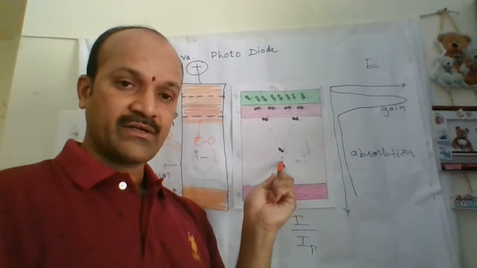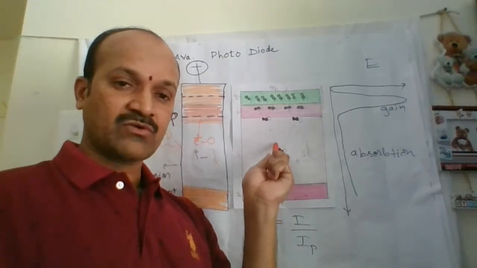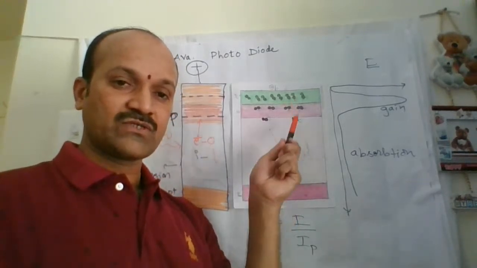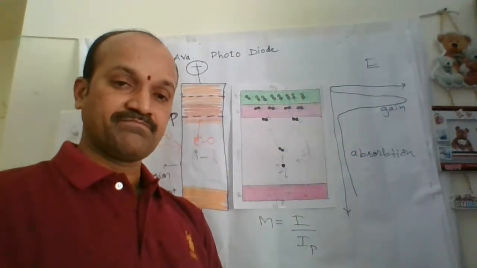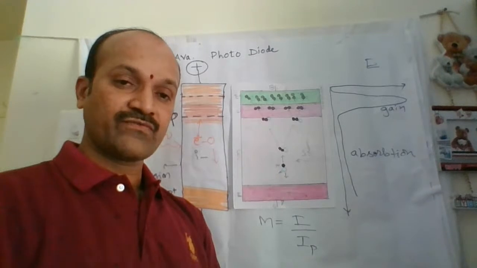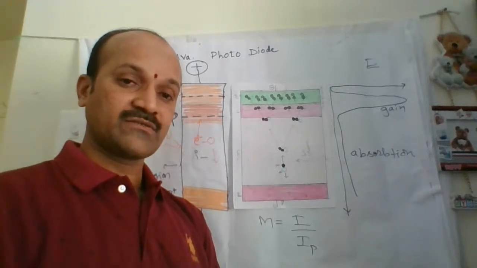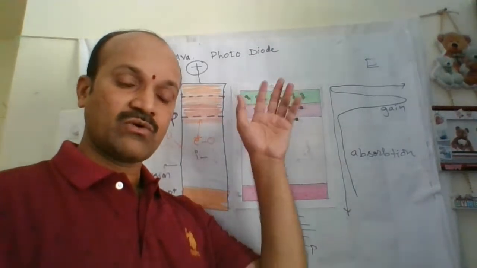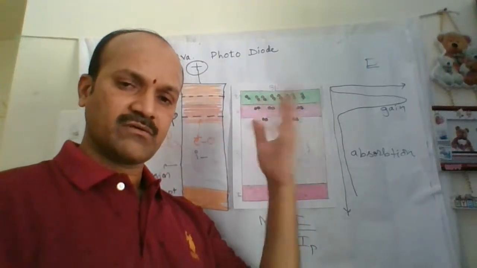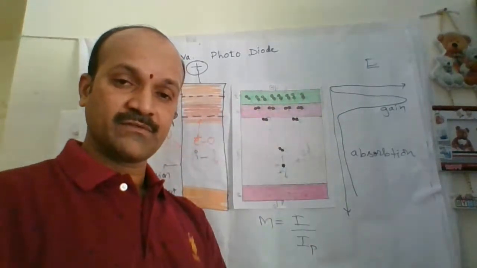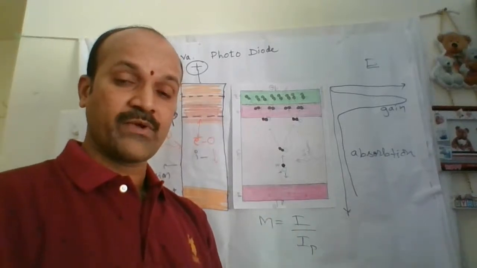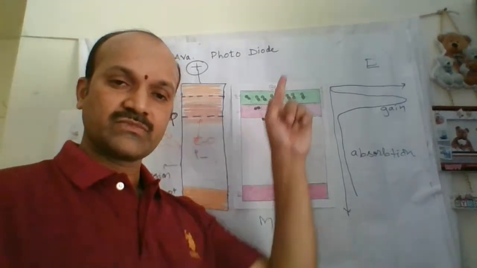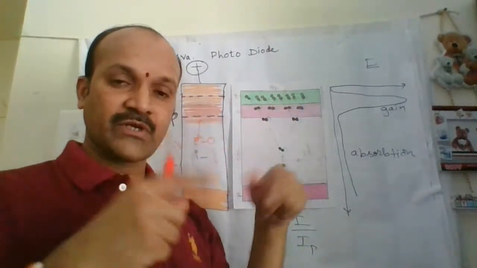These primary electron hole pairs collide with the lattice atoms, resulting in creation of secondary electron hole pairs. Those secondary pairs again collide elastically with the crystal. Finally, multiplication of electron hole pairs takes place, and electrons enter the circuit again.